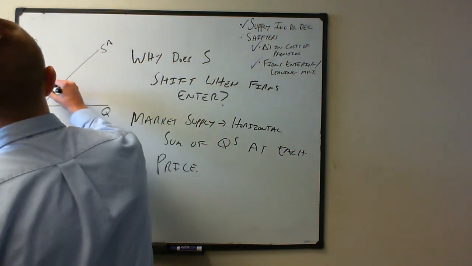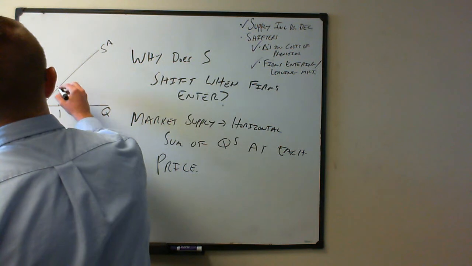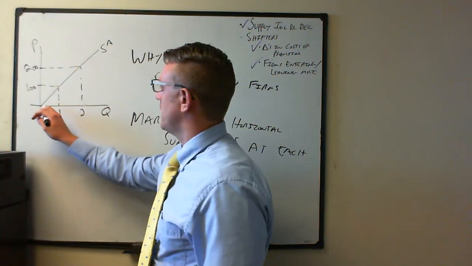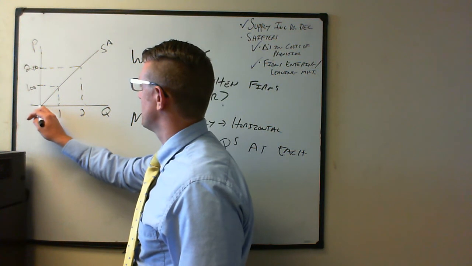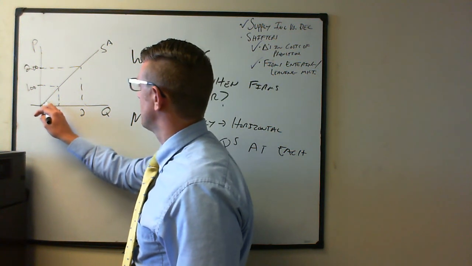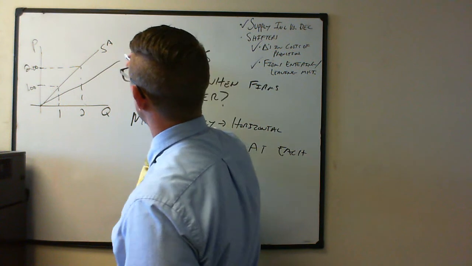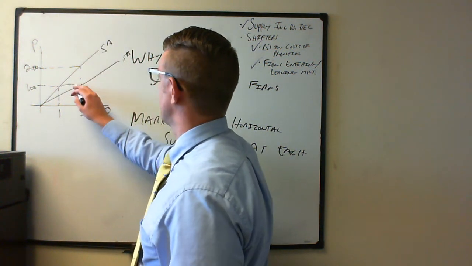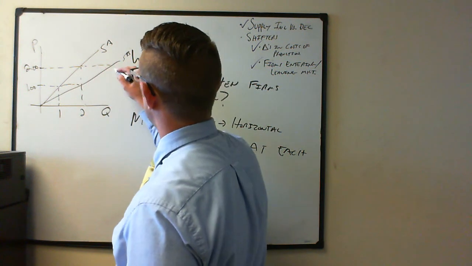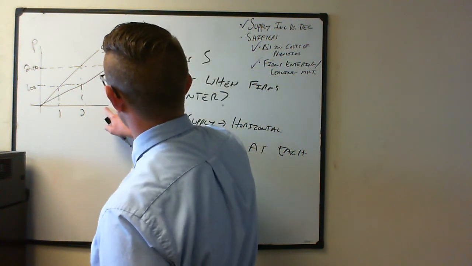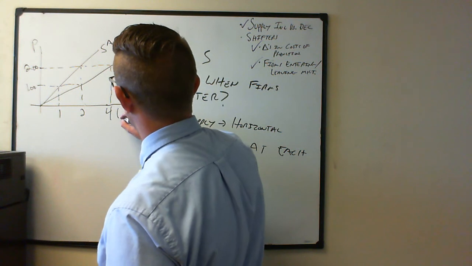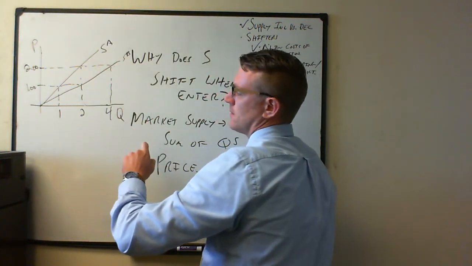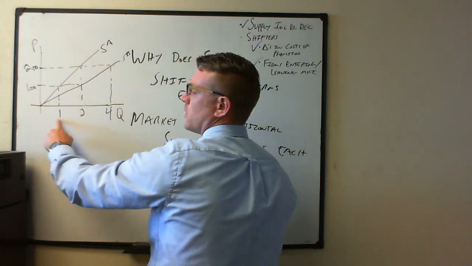There's supply for firm A, and here's supply for firm B. So let's suppose that we have two firms, A and B. At $1, firm A produces 1.